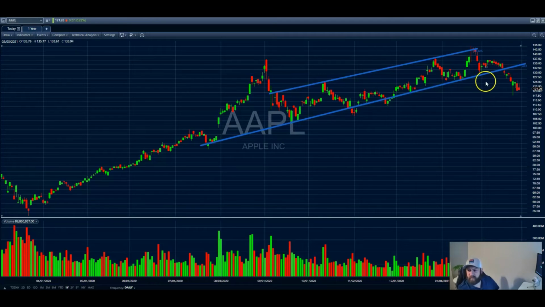And from the breakdown of 132 area, it's down to 121. So you're looking at about $11 per share profit minus fees and interest for shorting it. Or if you had played puts here.